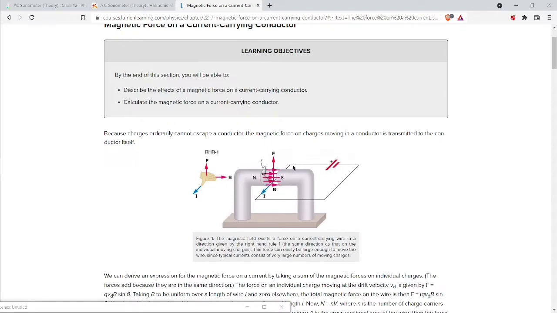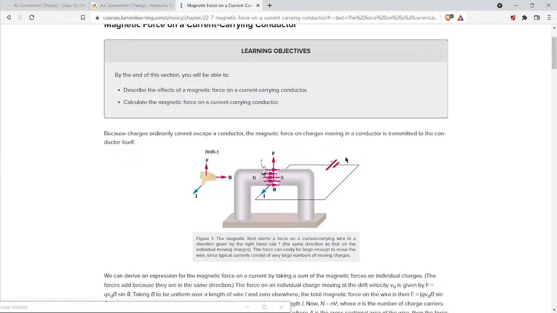The current is flowing in this direction, and by the right hand rule the force is acting in this direction.